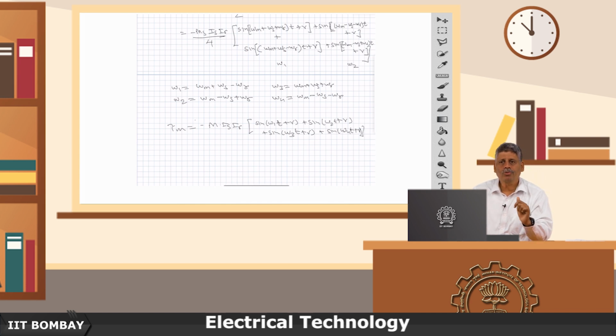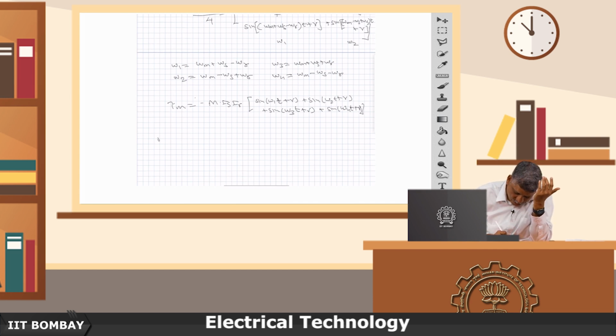Now, you know that a sinusoid averaged over a cycle is 0, but what we want is that average work should get done. Okay.